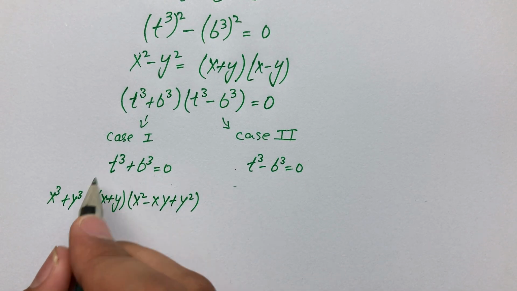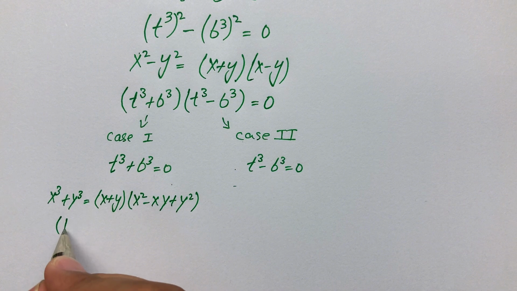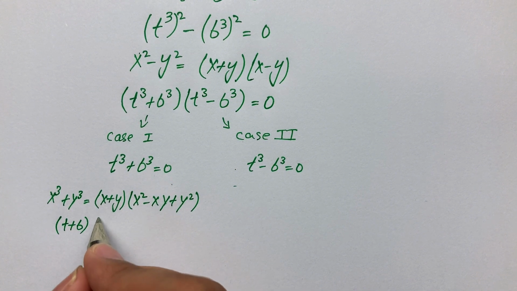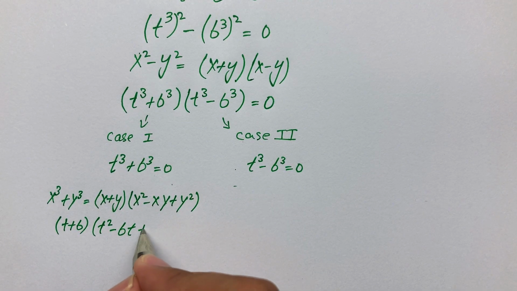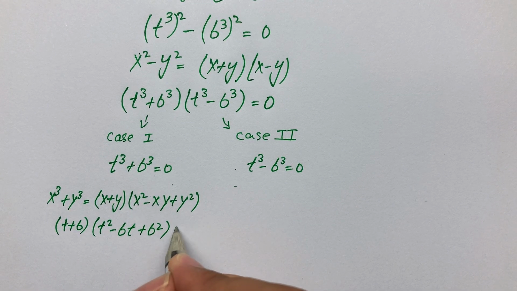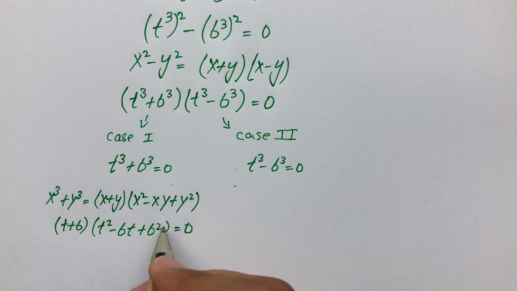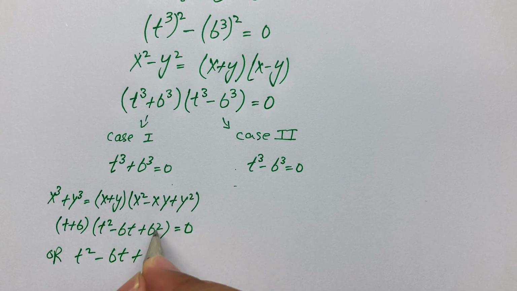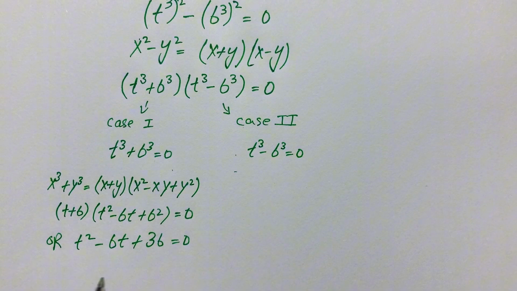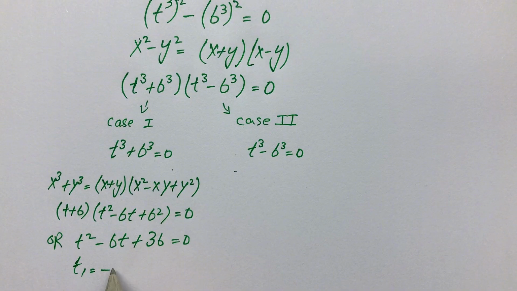So t plus 6 into t square minus 6t plus 6 square is equal to 0 after applying this, or t square minus 6t plus 6 square is 36 is equal to 0. Now our t1 is equal to minus 6.